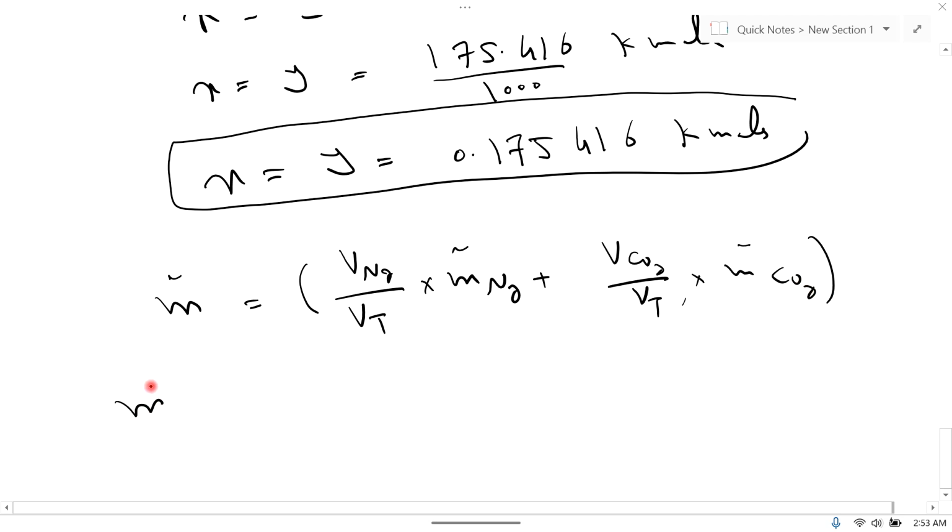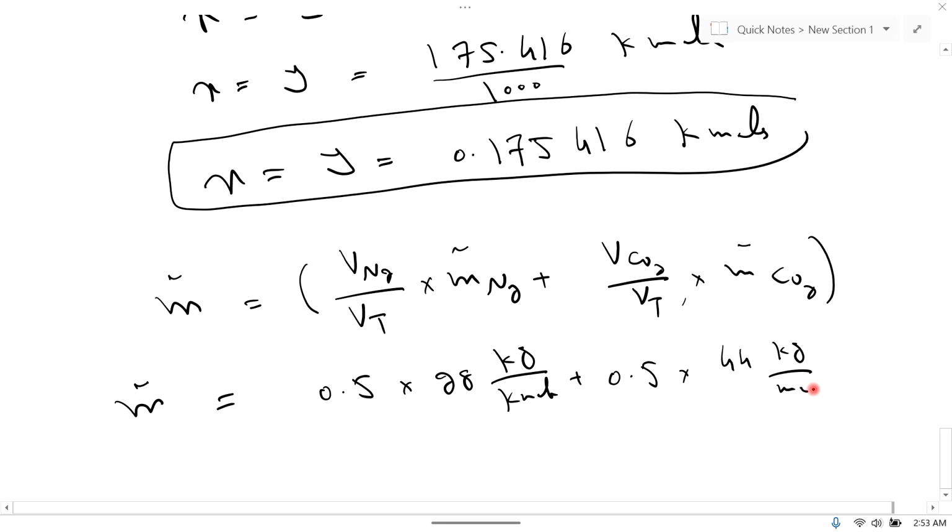So the volume fraction initially is 0.5, multiplied by the molar mass 28 kilogram per kilomole, plus the volume fraction of carbon dioxide 0.5, multiplied by 44 kilogram per kilomole.